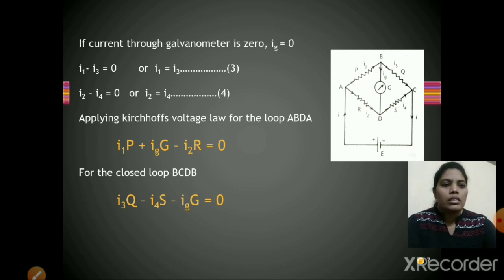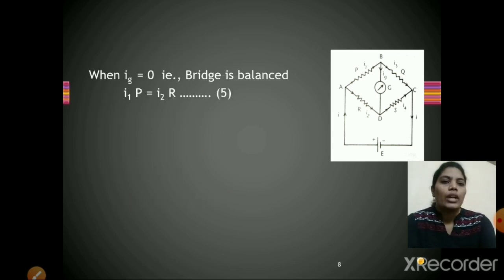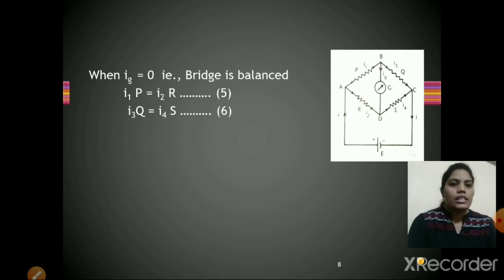Take them as equations 3 and 4. And similarly substitute IG as 0 in the voltage equations, that is I1P is equal to I2R and I3Q is equal to I4S. We are considering them as the 5th and 6th equations.